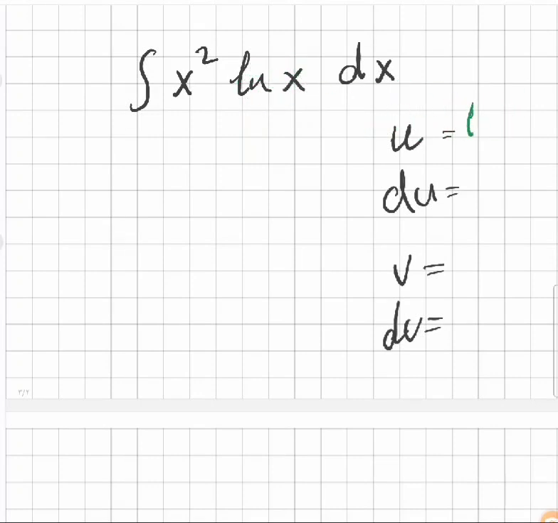So it's best to make dv x squared dx, and u is going to be ln x, because we know the derivative of ln x. The derivative of ln x is 1 over x.